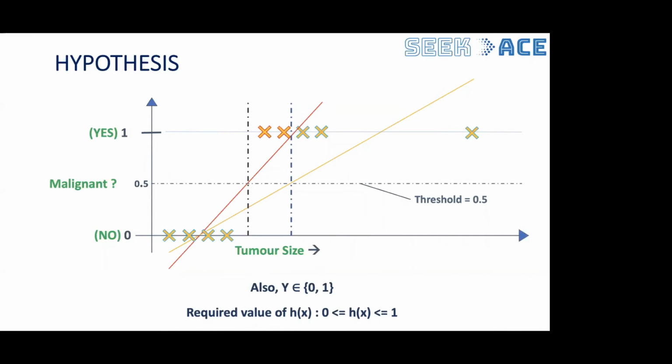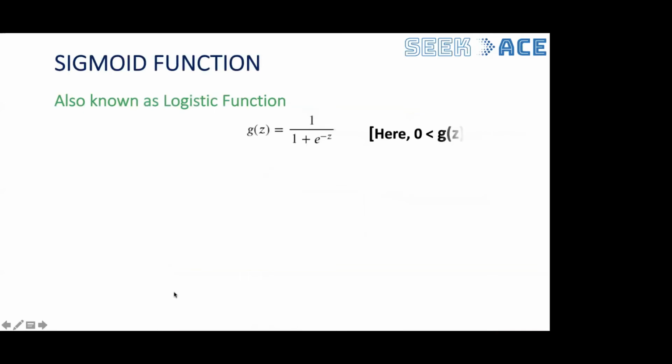Keeping that in mind, we use the sigmoid function. This is called the logistic function. So we are applying a transformation here, transforming our data into a different space, a logistic space basically.